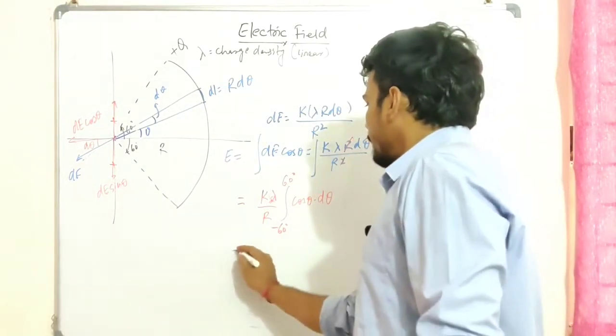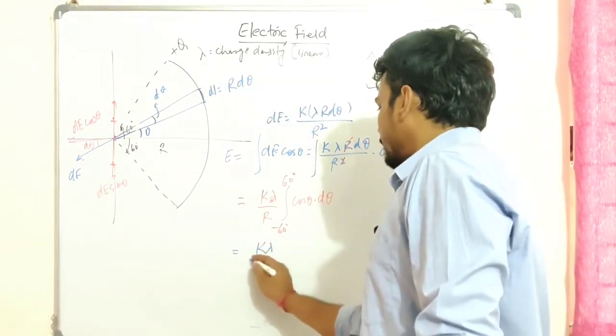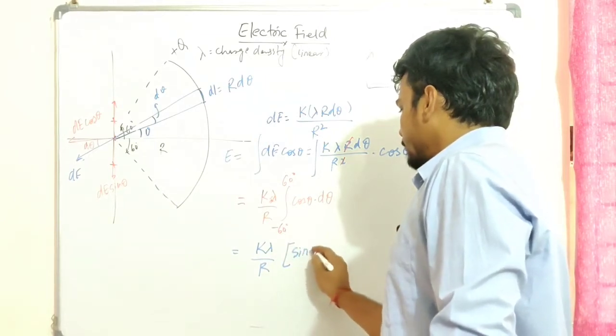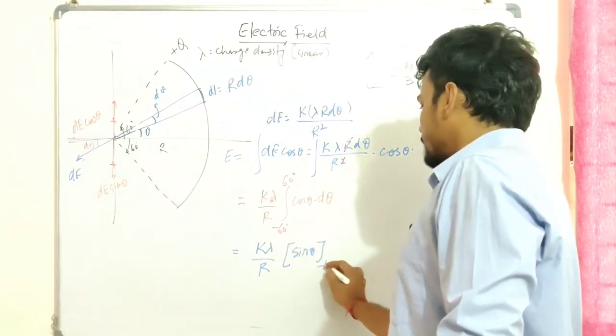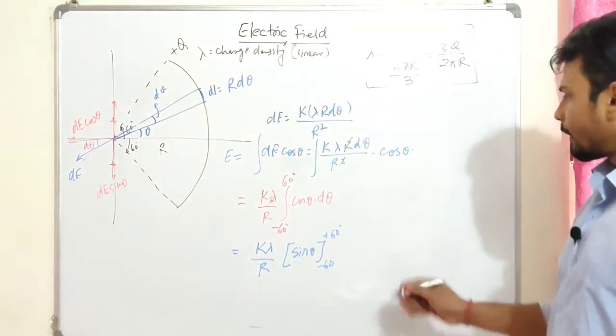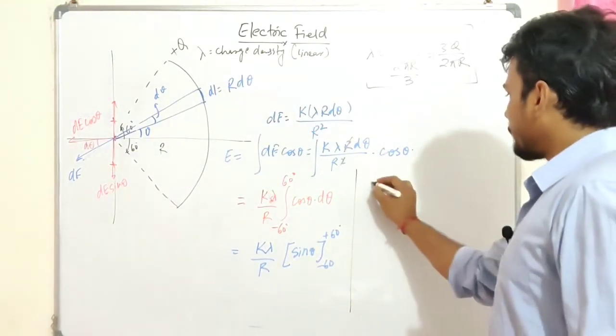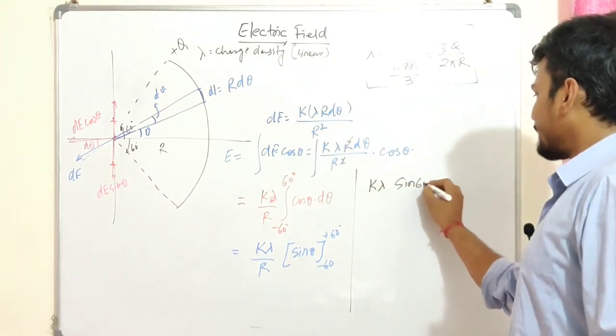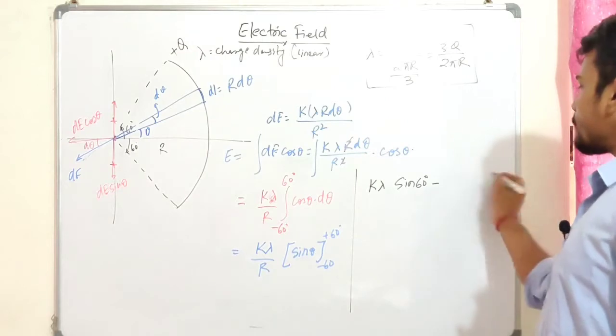Now, so this is going to be k lambda over r. Integration of cos theta is nothing but sin theta. So sin theta, upper limit 60 degrees, lower limit negative 60 degrees. Fair enough. Now finally I'm going to put the limits. I'm going to have k lambda times sine 60 degrees minus sine of negative 60 degrees.